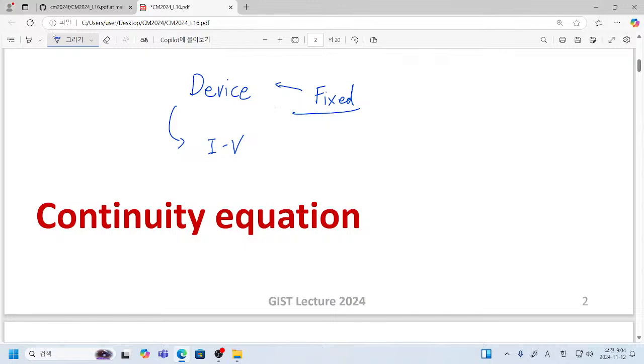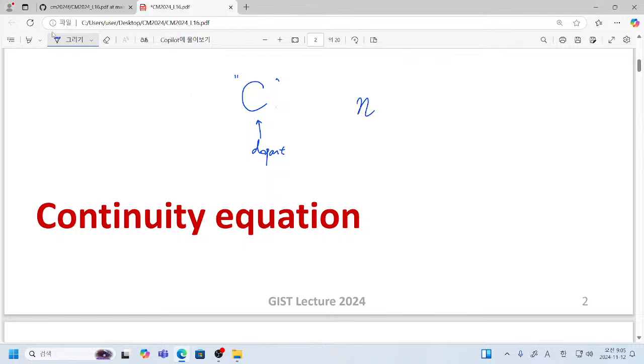Even in this case, the simulation principle is more or less similar to that of our previous process simulation. But at that time, the species of our interest was dopant density. Now instead, we want to know the electron density or hole density. These two quantities are of our interest in device simulation.